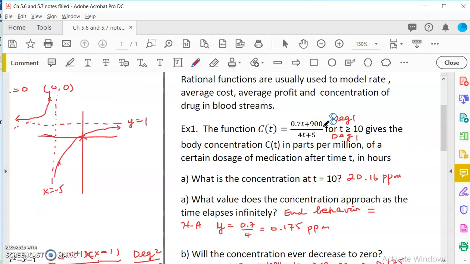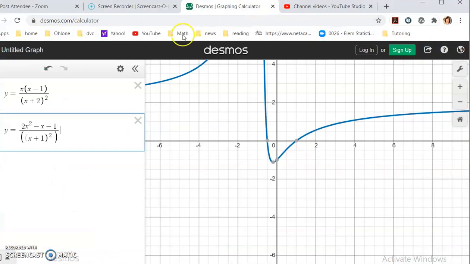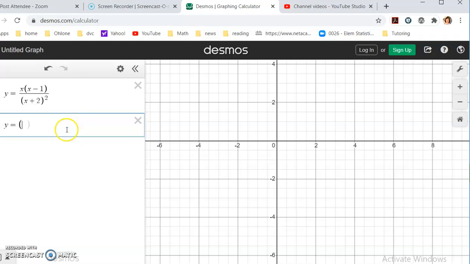Typically, if you don't have access to a calculator, you would have to graph it by hand. That's why we want to know how to graph things. But we have the graphing calculator, so we just use it. We say y equal to 0.7t plus 900, the numerator, divided by 4t plus 5.